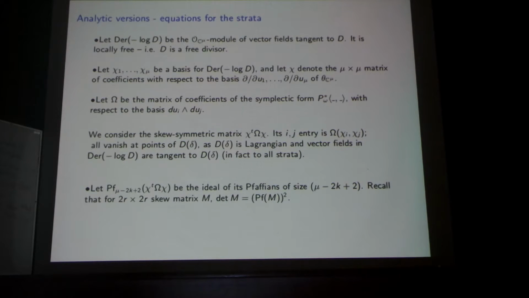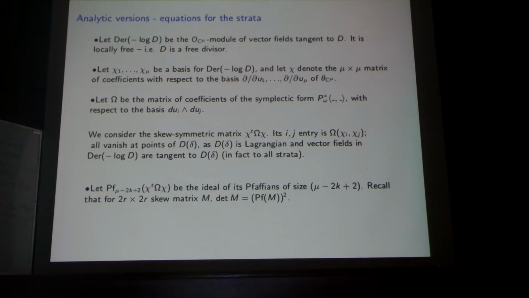If you've got a skew-symmetric matrix of odd size, then it's easy to prove that its determinant is 0. On the other hand, if you have a skew-symmetric matrix of even size, then its determinant is a square, and there's a canonical formula for its square root, and that's called the Pfaffian.